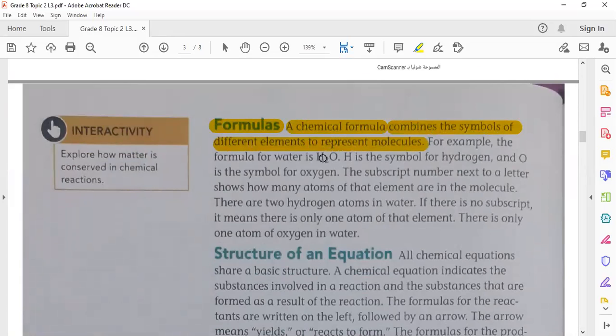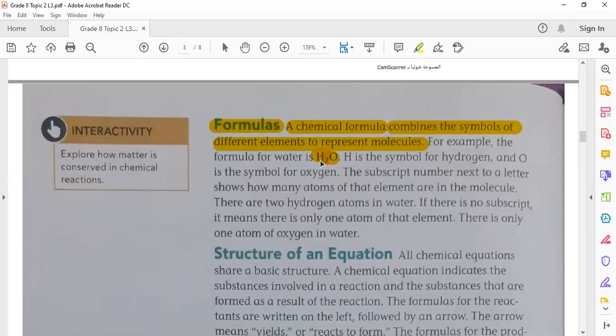Example, water. It is a molecule or a compound. This is the chemical formula for water. By the way, in science, when you see H2O, you directly know that it is water.